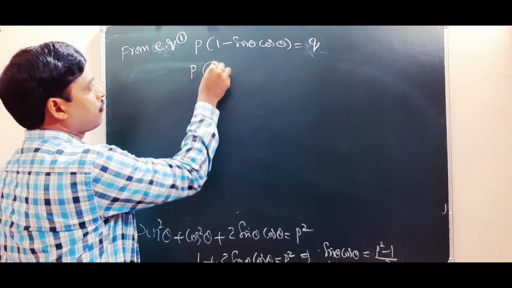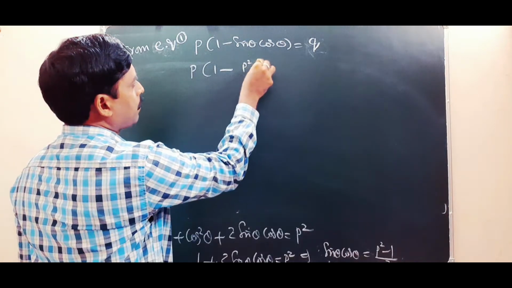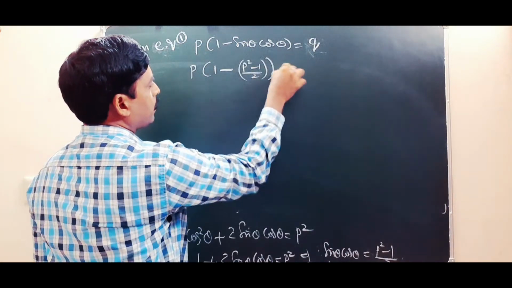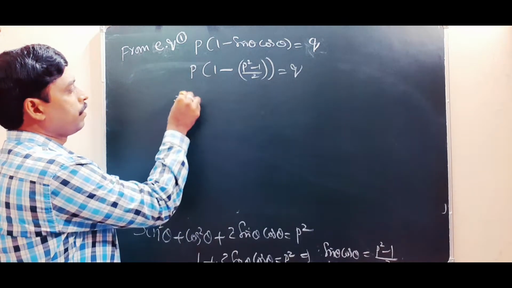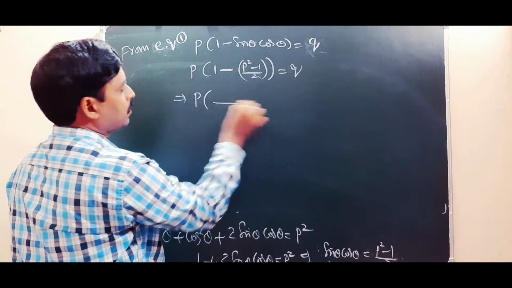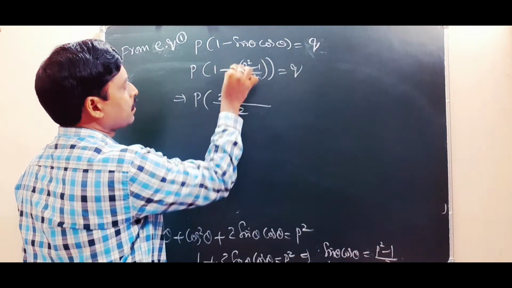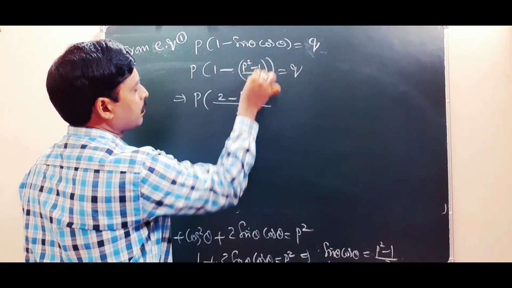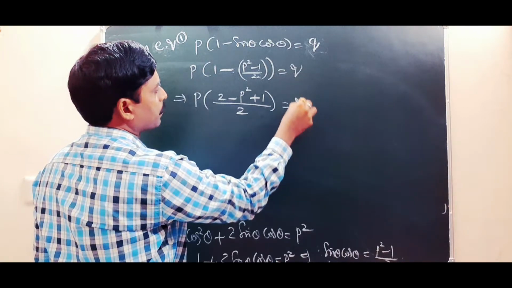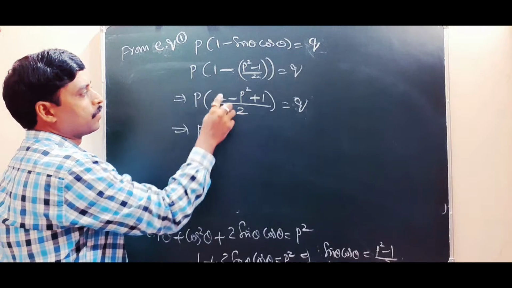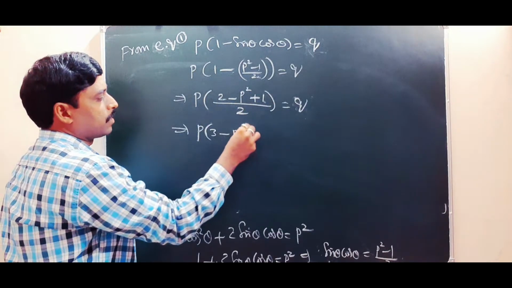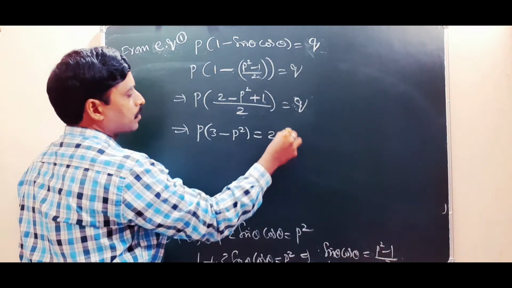In this equation 1, for the sin theta cos theta relation we should write p square minus 1 by 2. So p times of 1 minus p square minus 1 by 2 equal to q. Okay. It is going to be p times of, let us do LCM, 2 minus p square, minus into minus, plus 1, equal to q. Okay. So p into 2 plus 1, 3 minus p square is equal, let us do cross product, 2 times of q.